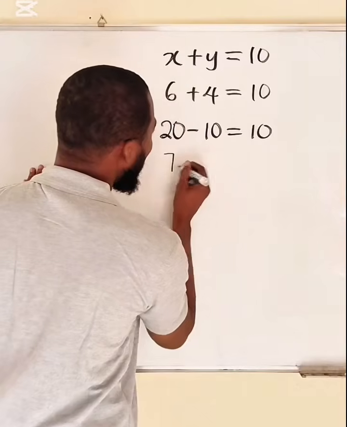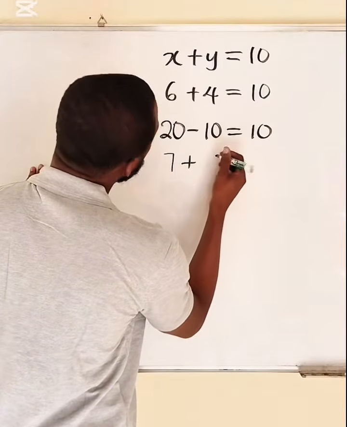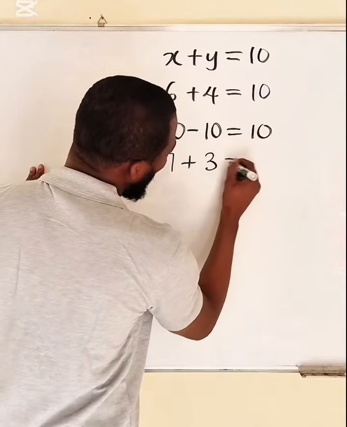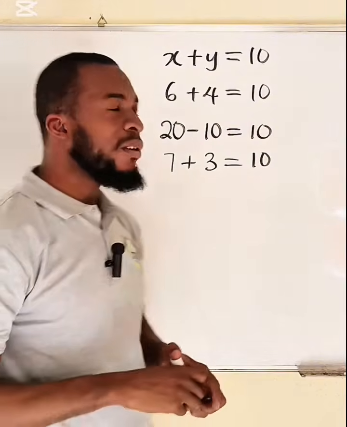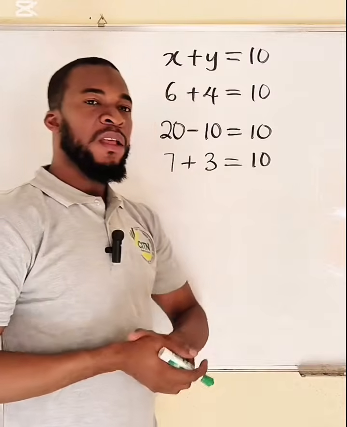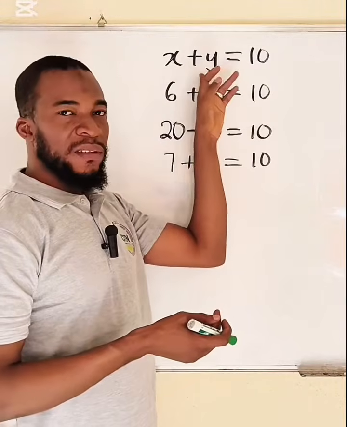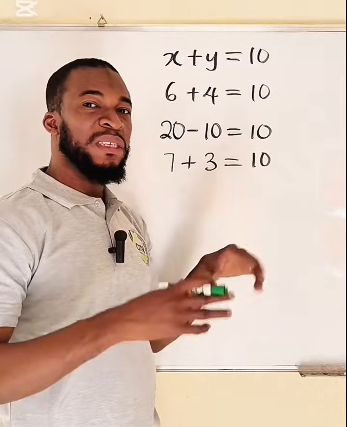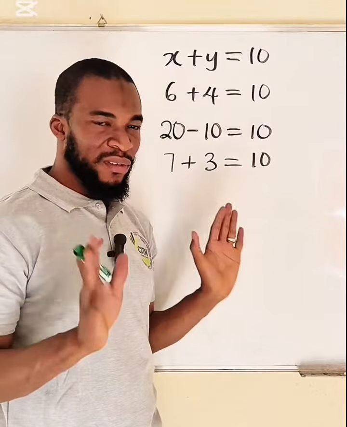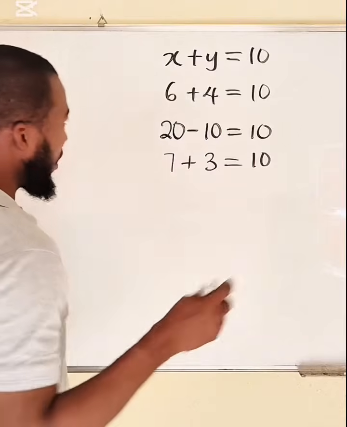When x is 7 and y is 3, we're still going to get 10. I told you we have infinitely many of these combinations. So whenever they ask you to solve this, the answer is just infinitely many solutions. But let me introduce another one.